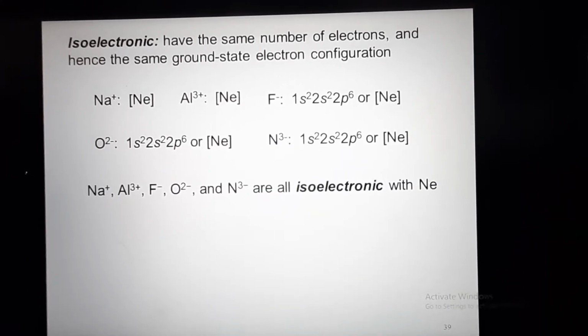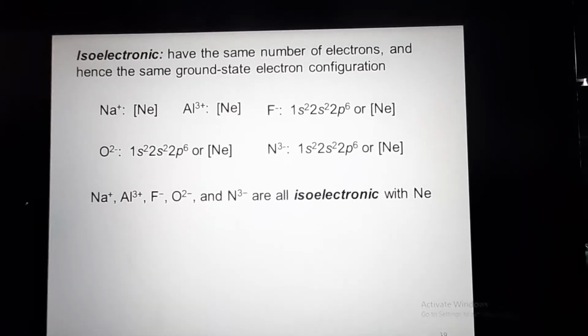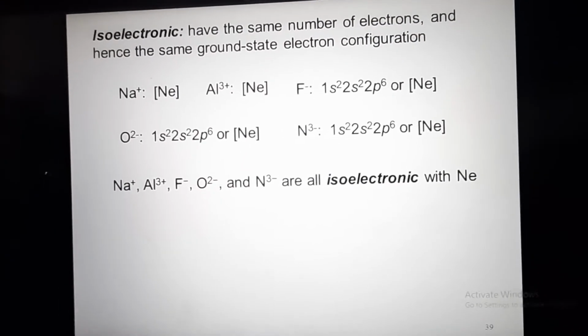These are called isoelectronic with neon because once they have gained or lost electrons, they have the exact same electron configuration.